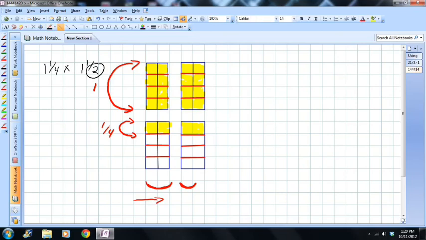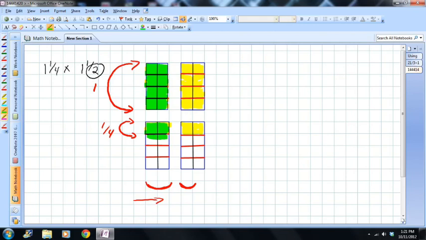Now I can shade, and I want to shade this entire column all the way down. So we can see we have some yellow and this other color that overlap each other.